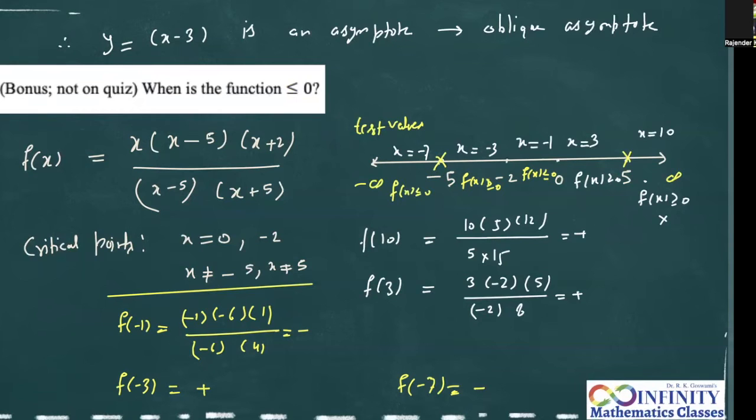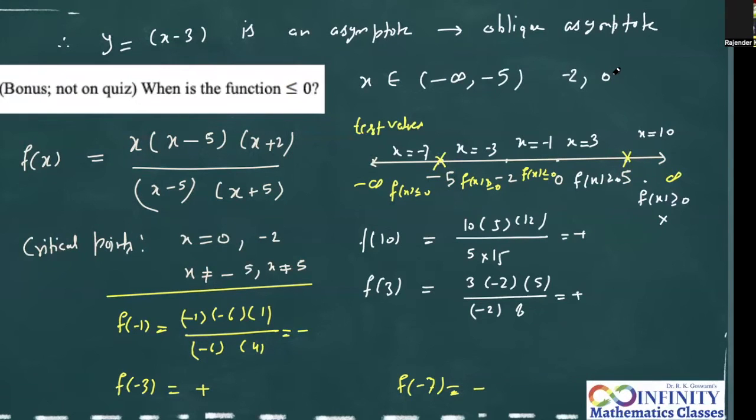So look at the picture. That means whenever x belongs to minus infinity to negative 5, and negative 2 to 0, the function value is negative. Am I right? Now, I'm including minus 2 and 0 because these are the points in the domain.